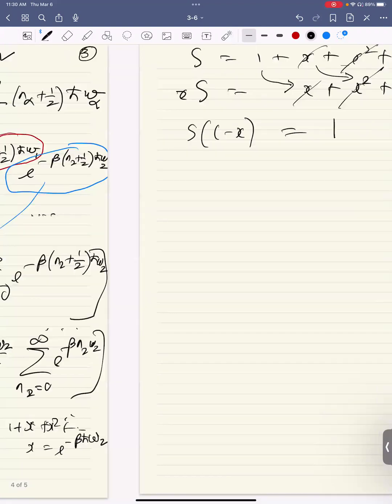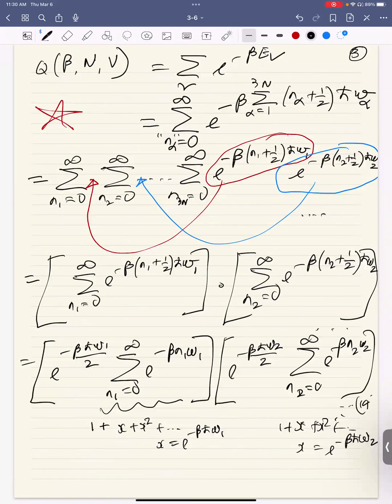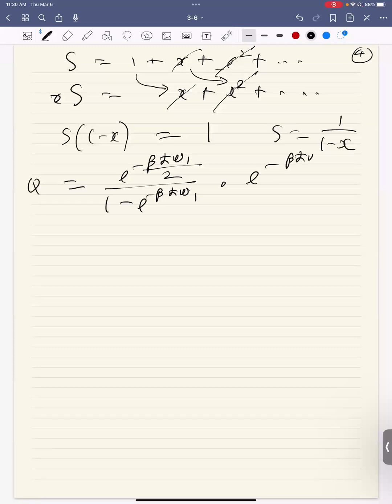So if we go to our last formula, which is now equation number 14, we get q is equal to e to the power minus beta h cut omega 1 by 2 divided by 1 minus e to the power minus beta h cut omega 1, multiplied by e to the power minus beta h cut omega 2 by 2 divided by 1 minus e to the power minus beta h cut omega 2, dot dot dot.